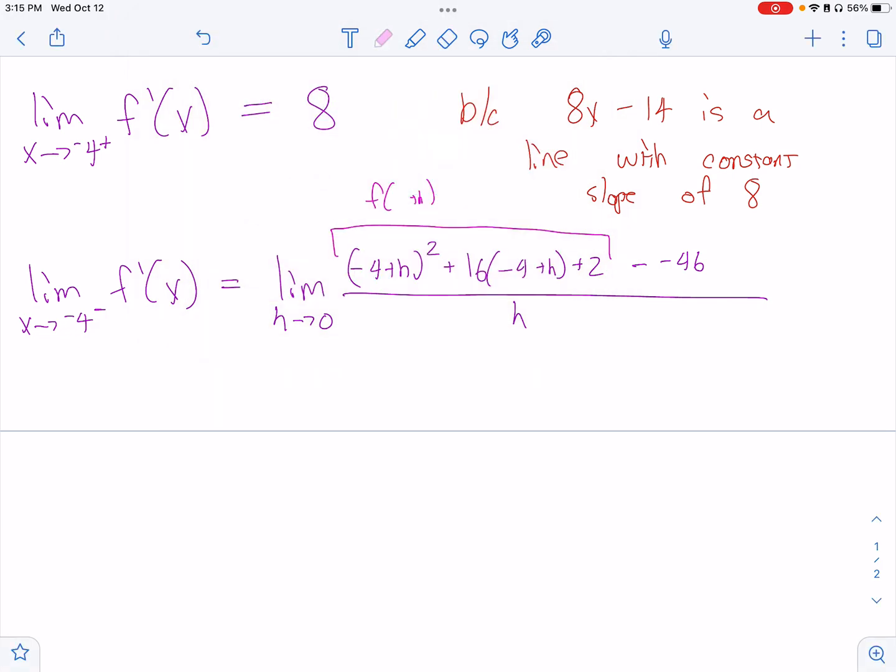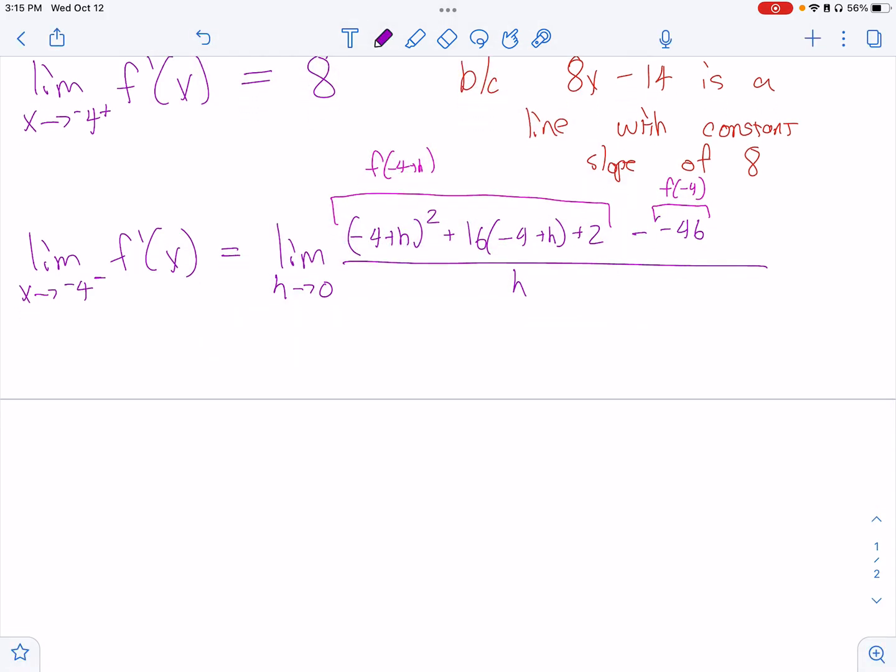I'm going to write this as f of -4 plus h, and then subtracting f of -4. Those two subtractions will turn into addition, of course.